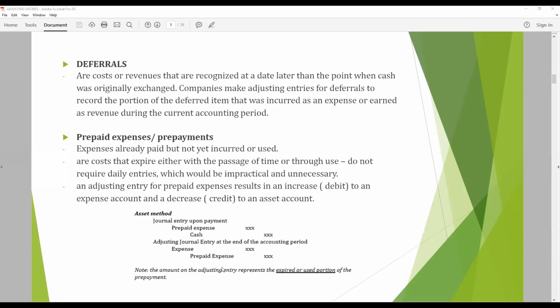Yan. So what are deferrals? Deferrals are costs or revenues that are recognized at a date later than the point when cash was originally exchanged. Companies make adjusting entries for deferrals to record the portion of the deferred item that was incurred as an expense or earned as revenue during the current accounting period.